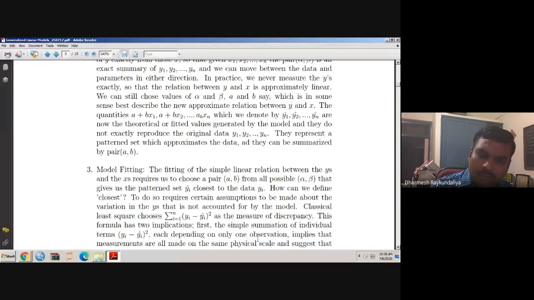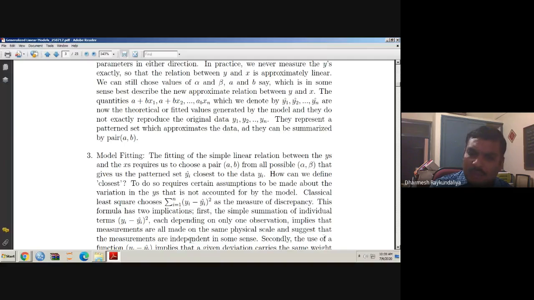You can see that yi depends on the ith observation. If you take i equal to 1, it depends on the first observation, and likewise. That means this quantity depends only on one observation, which implies that the measurements are all made on the same physical scale and suggests that the measurements are independent in some sense.